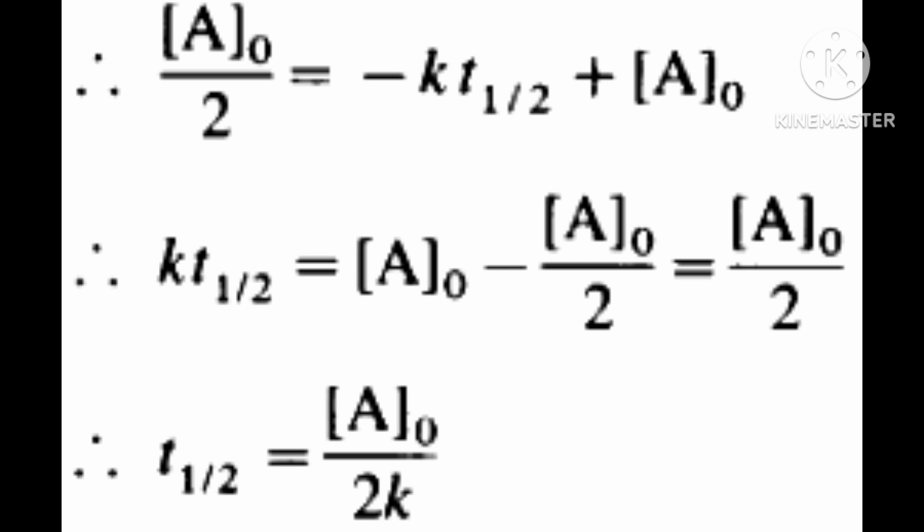Then here I told you per second. Half life for a first order reaction, now you are knowing, T half is equal to 0.693 divided by K, and the K value is given: K is equal to 5.5 into 10 to the power minus 14 per second.